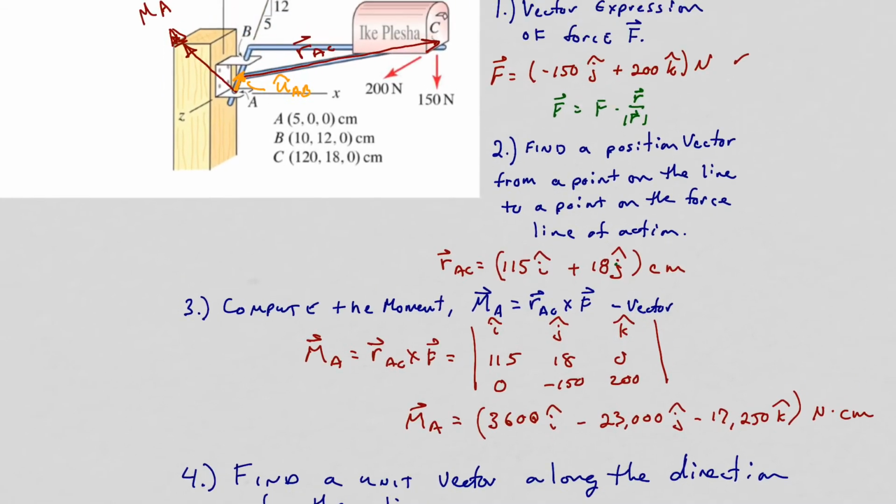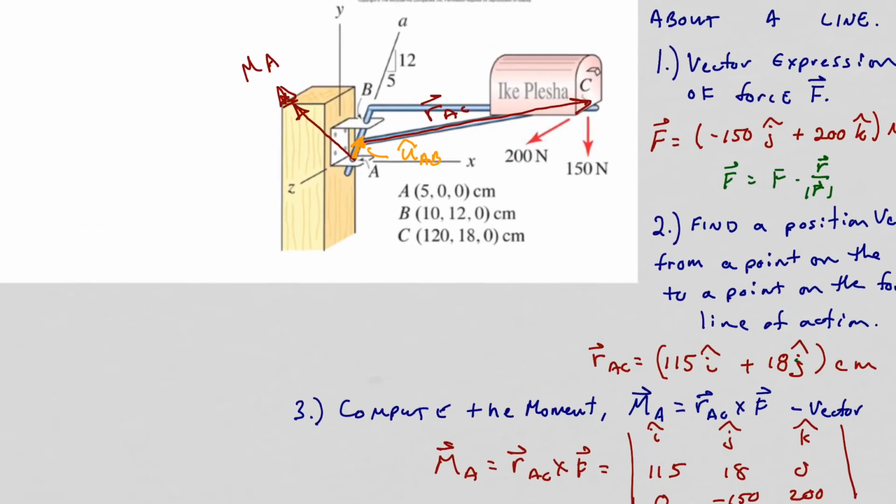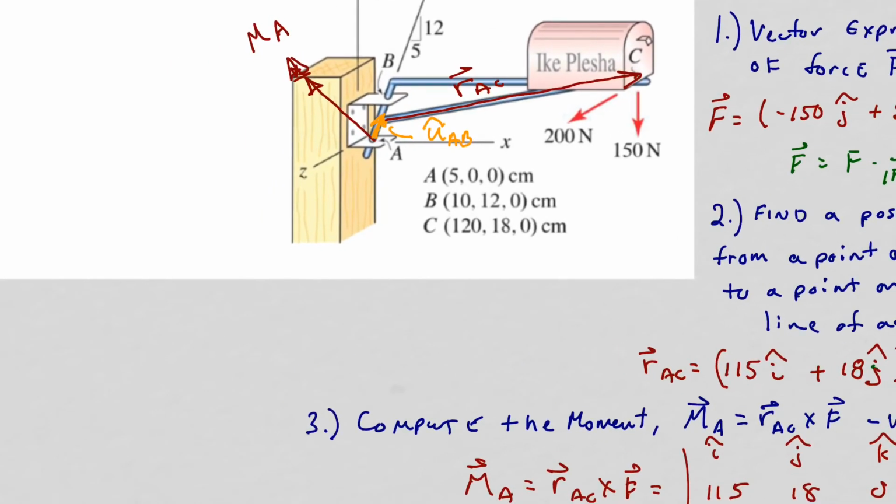So in our case, to find this unit vector, I'm just going to write it up here so we can see it with the diagram itself. This unit vector AB is equal to a position vector AB divided by the magnitude of that position vector. So we know AB, if we take the head minus the tail from A to B, so B will be our head.